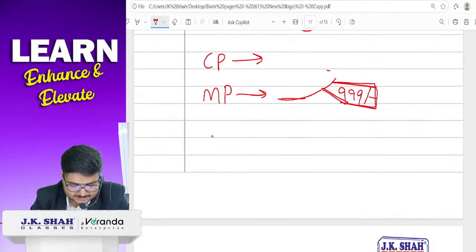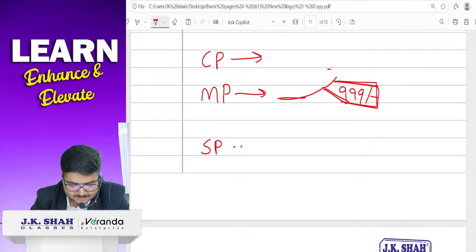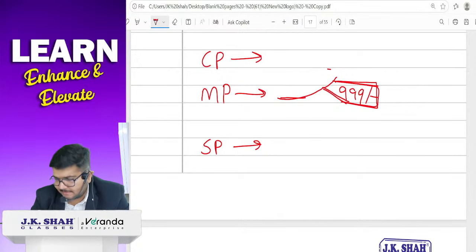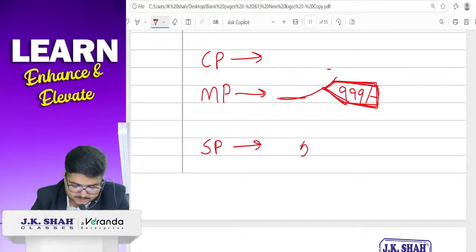But what is selling price? Selling price is the price at which a customer buys a product. For example, if the product is marked as 999 but a customer paid only 500, this becomes your selling price, 500, and this is your marked price.